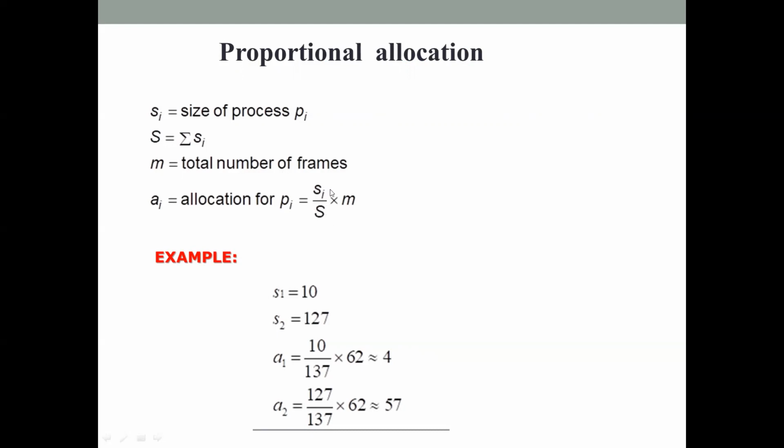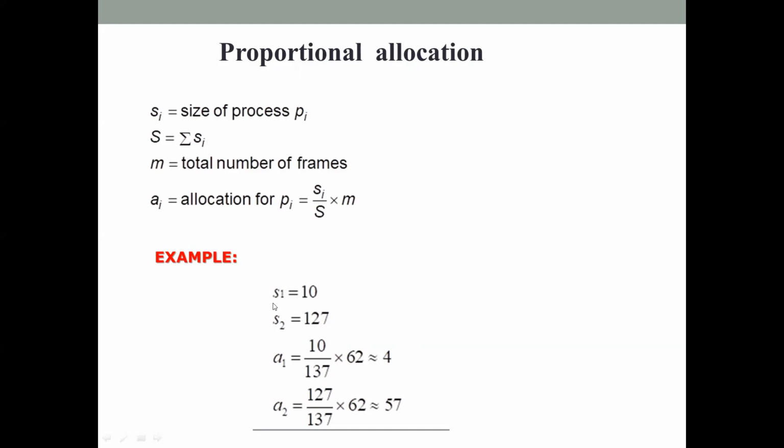Si is the number of frames required by the process Pi. S is the sum of the frame requirements of all the processes existing in the computer's memory. And M is the total number of free frames available for allocation to the processes. So based on this formula, we will allocate the frames to the processes.